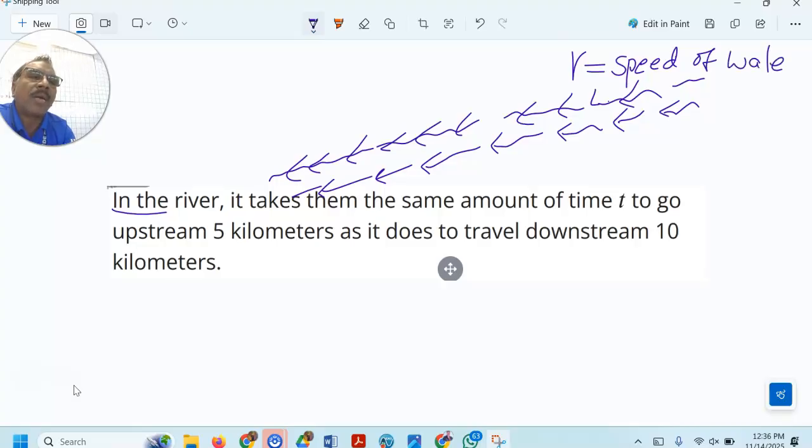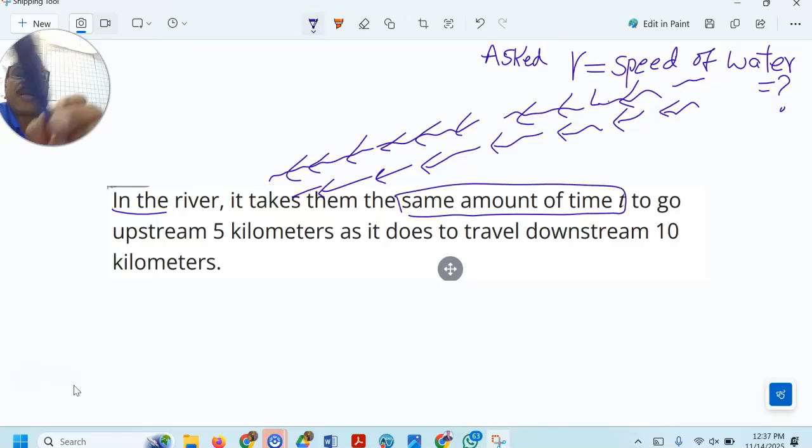So what is the speed of the water? Question mark. This is what he asks us, what is the speed of the water. So R is the important variable, but he says it takes the same amount of time, T. The time it takes to go up 5 kilometers.